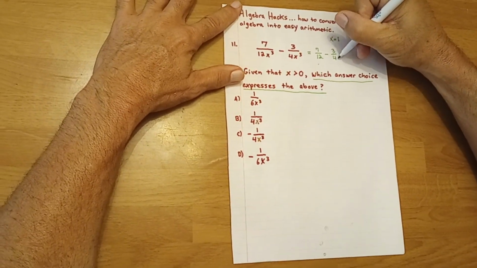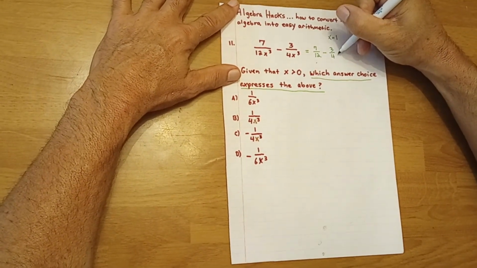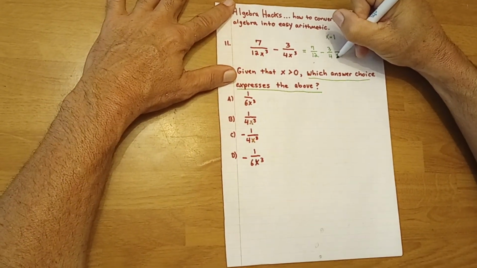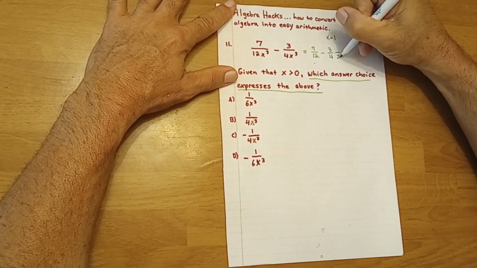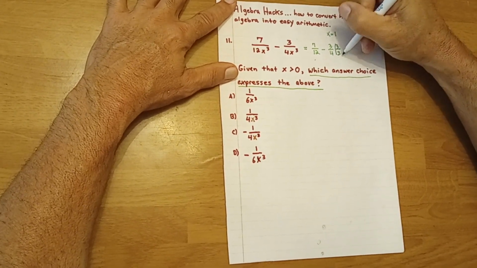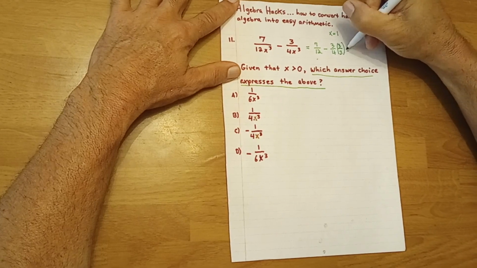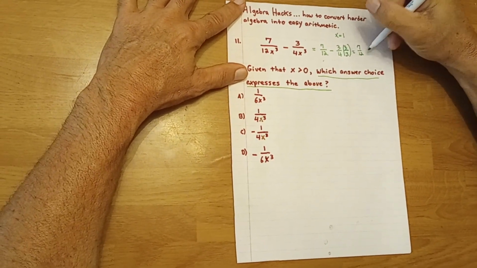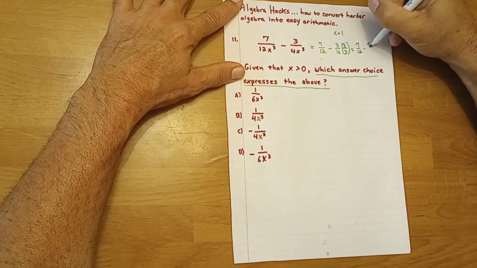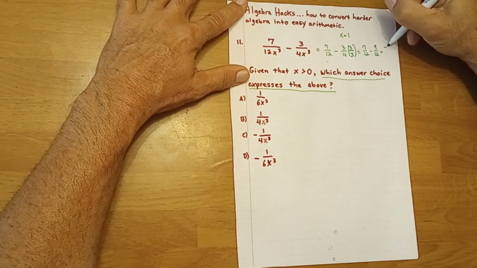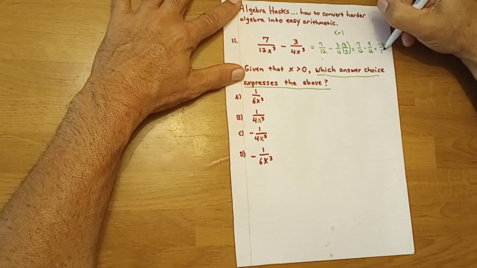So in order to get this to be 12 in the denominator, I would need to multiply that by 3. And what I do to the denominator, I need to do to the numerator. So this ends up being 7 twelfths minus 9 twelfths, which is going to be negative 2 twelfths.